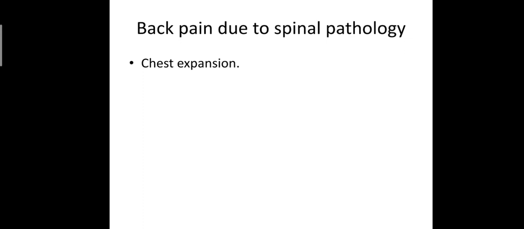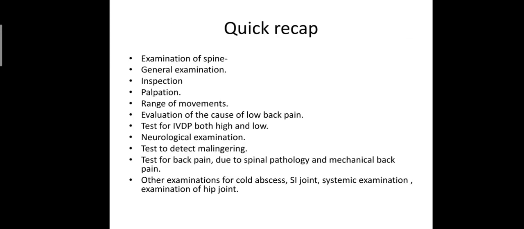Back pain due to a spinal pathology, in which a chest expansion test is required for diagnosis of back pain due to a spinal or vertebral column pathology. Quick recap.